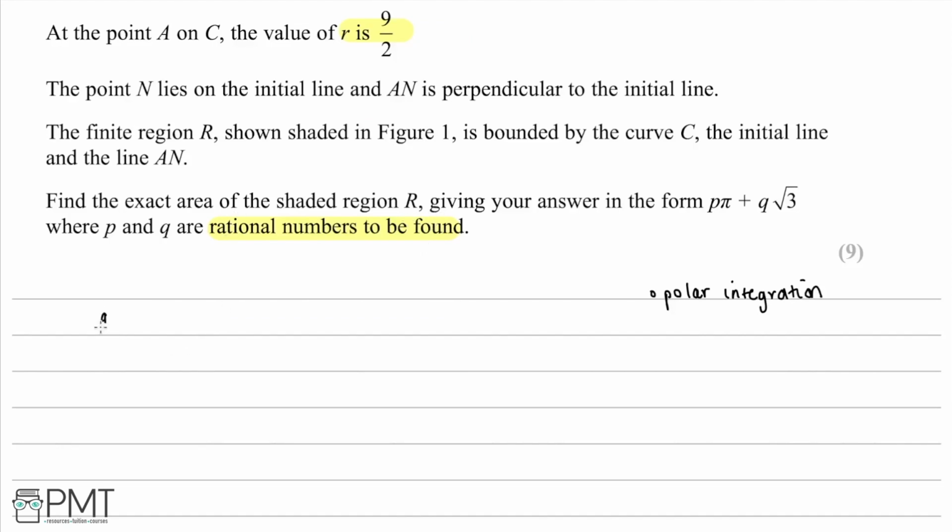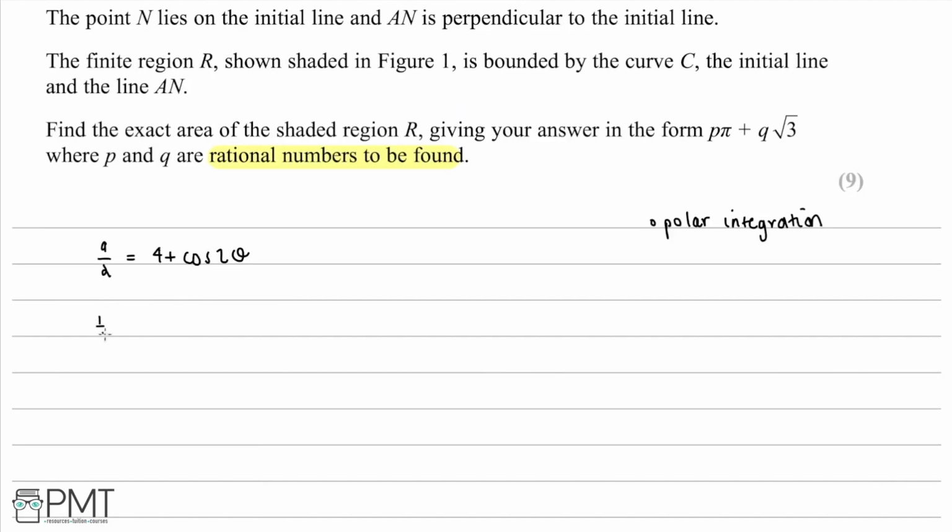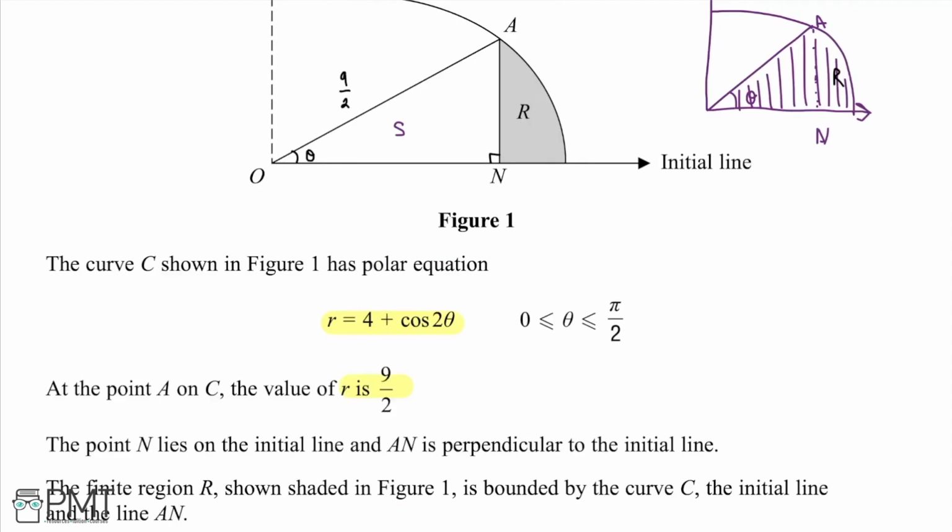So 9/2 is equal to 4 plus cos 2 theta, and thus a half is equal to cos 2 theta, and hence 2 theta is equal to pi over 3, and thus theta is equal to pi over 6. Now we can label this value of theta in our graph, so instead of theta we can write this as pi over 6, and now that we have the angle, we can find out the sides of ON and AN, and thus calculate the area of our triangle later on.